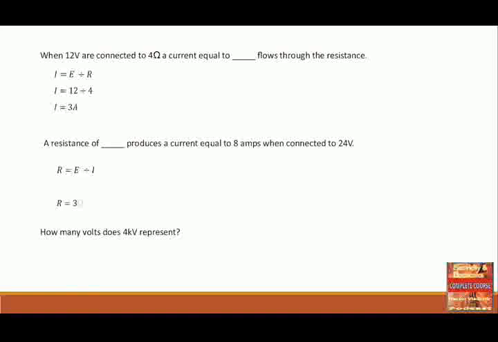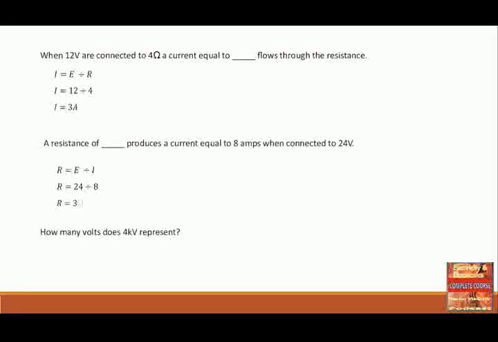The resistance of blank produces a current equal to 8 amps when connected to 24 volts. Again, we use the Ohm's law formula arranged for resistance equals voltage divided by current. In this case, we get resistance equals 24 volts divided by 8 amps, for an answer of 3 ohms.